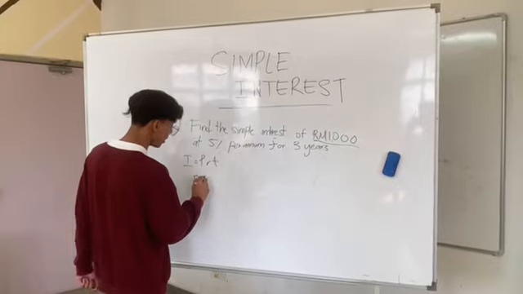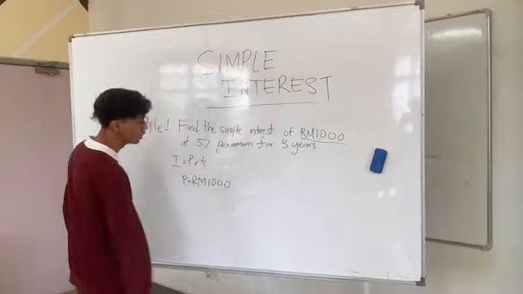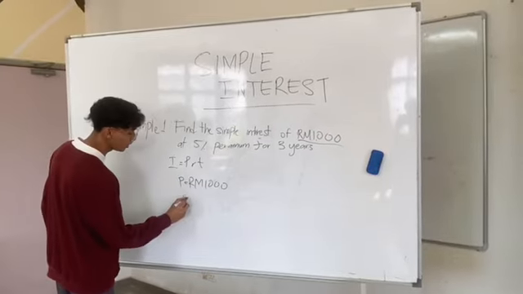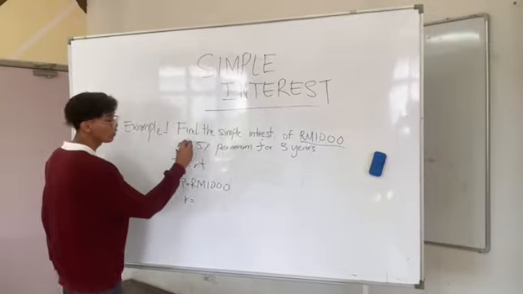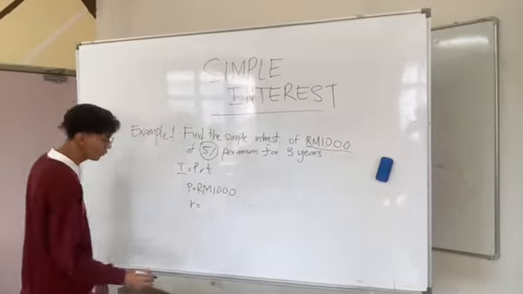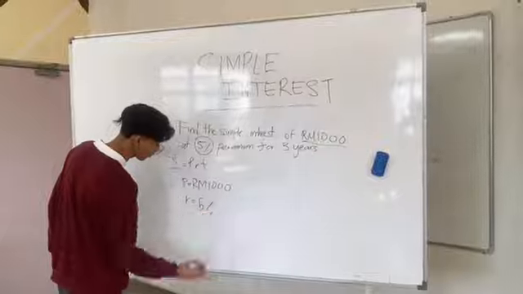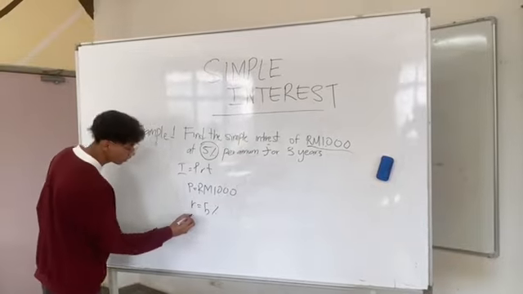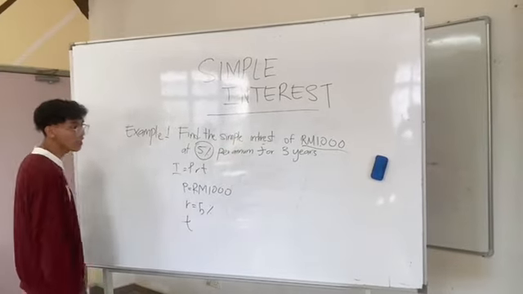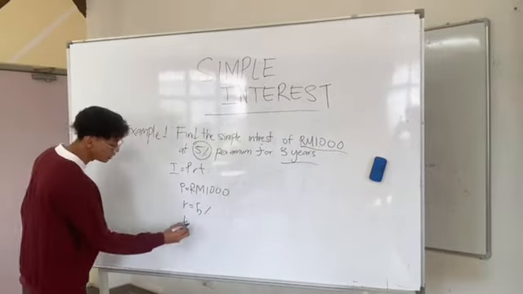So P is RM1,000. R is rate, and they give 5%. T is time, here 3 years, so we put 3.